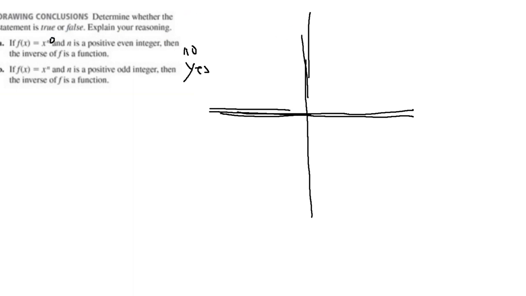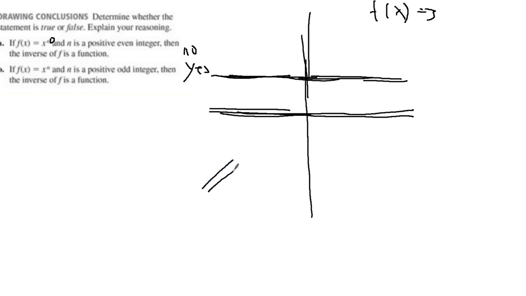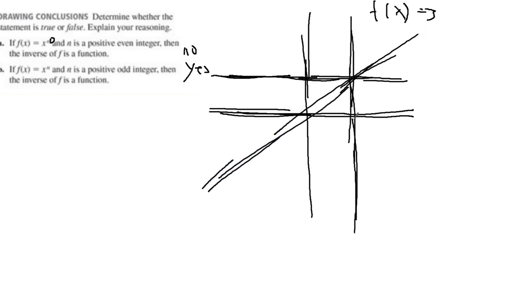I don't even know if it's considered positive or not. Let's say we have f(x) equals 3. This will just be our line. If we take the inverse of that line by reflecting it across the line y equals x, we'll get this. And this is not a function in any way, shape, or form.